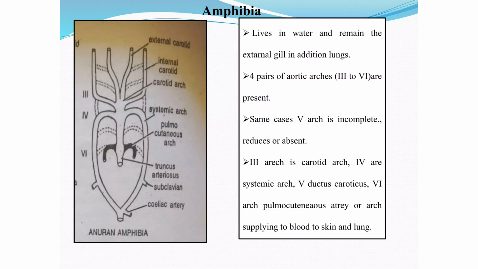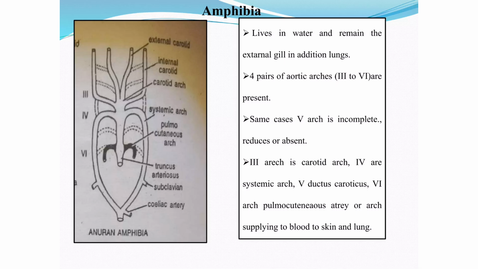The fourth arch on both sides continues as the dorsal aorta to supply the blood to the rest of the body except head and lungs. The ductus arteriosus also disappears and the sixth arch carries deoxygenated blood only to the lungs and skin for purification.